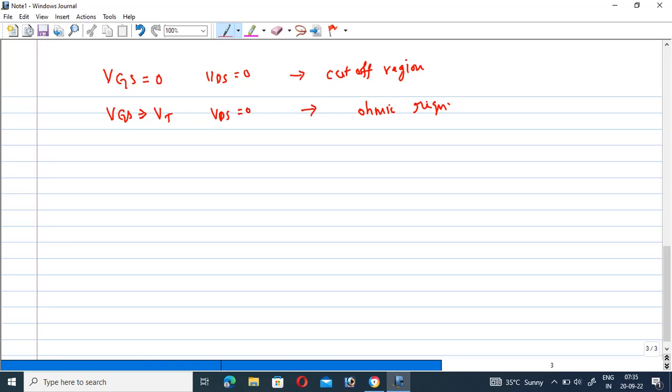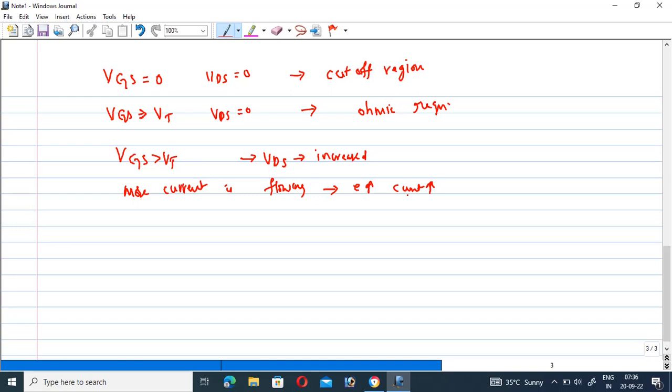If you keep increasing VGS, and VDS is also increased, more current flows, because when VGS increases, more electrons are accommodated. Electrons increase means the current also increases. This is the reason behind that.